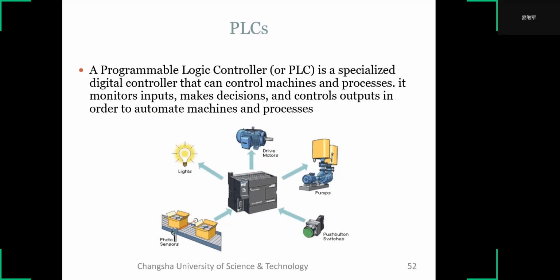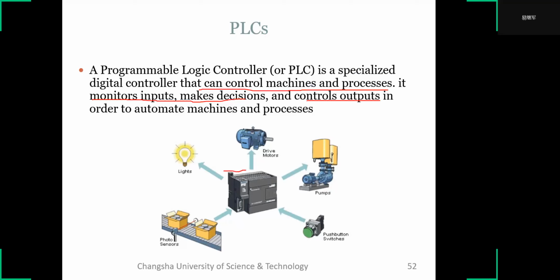PLC. A programmable logic controller is a specialized digital controller that can control machines and processes. It monitors inputs, makes decisions, and controls outputs in order to automate machines and processes.